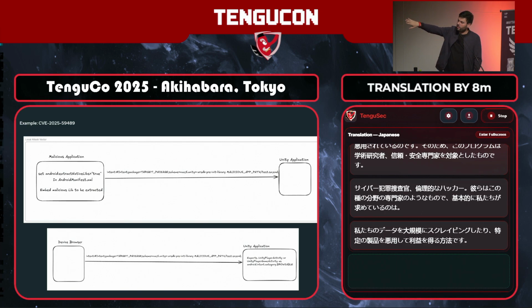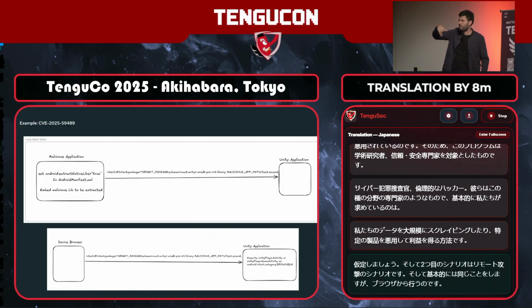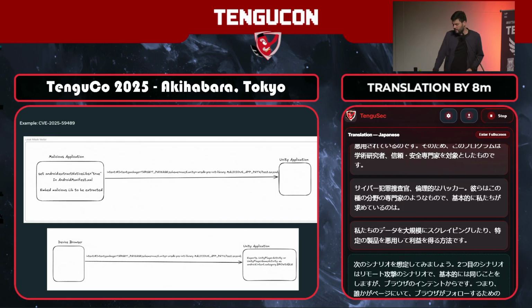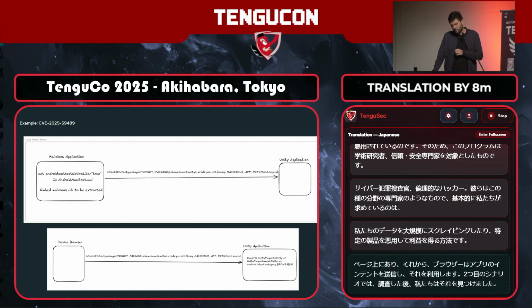The second scenario is the remote attack scenario. You basically do the same, but from a browser intent. So someone is on a page, and then the browser sends an intent to the app using that. For the second scenario, after investigating, we found that because of SELinux strict policies on Quest, it wouldn't really have been exploitable.